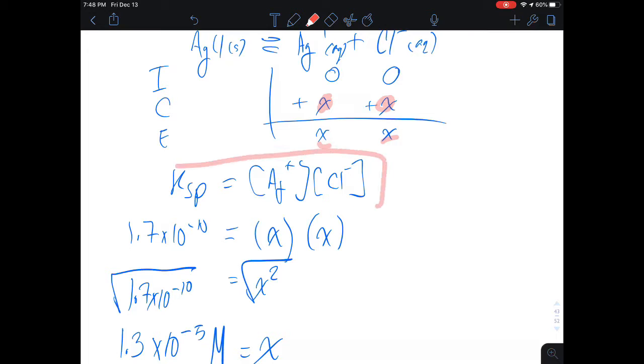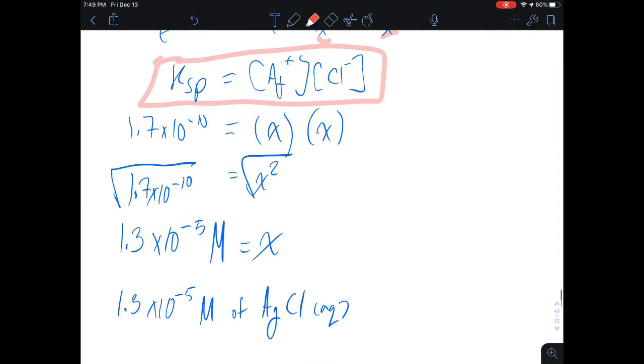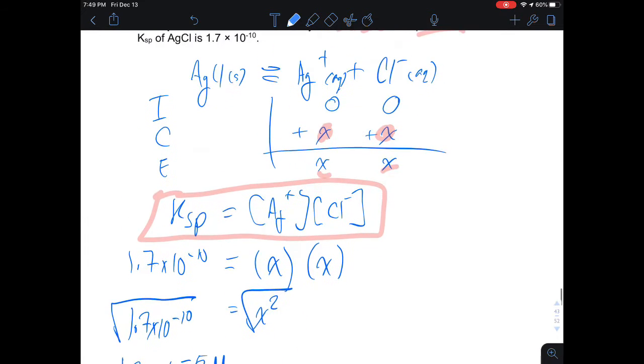Place that into our Ksp equation here, and we can see that the reaction will proceed. We take the square root of both sides, or we use a solver, whatever we need, and we end up with this result here: X equals 1.3 times 10 to the negative 5.